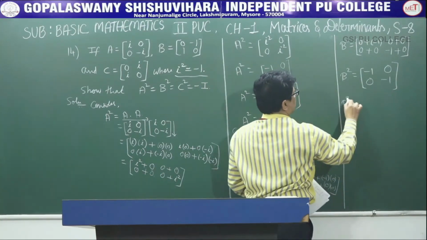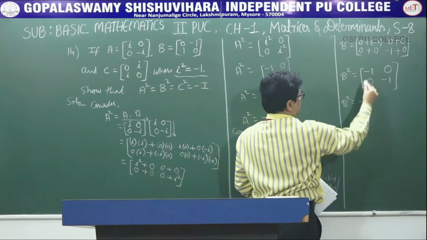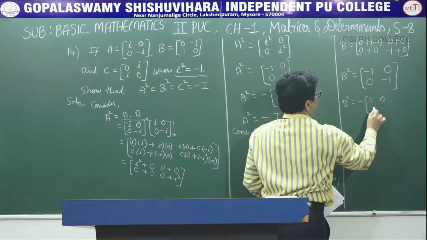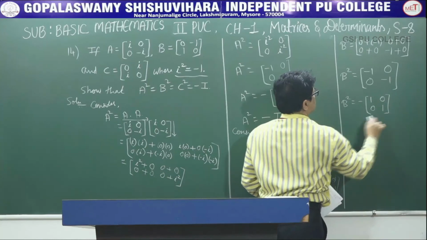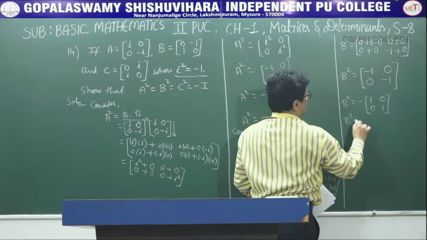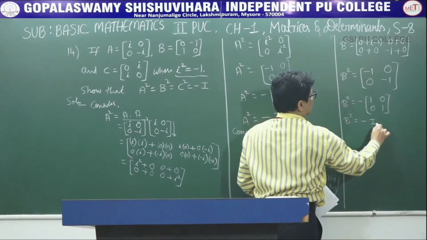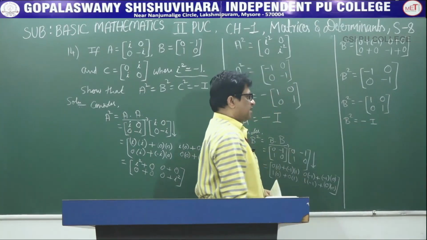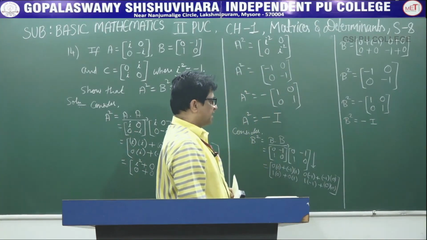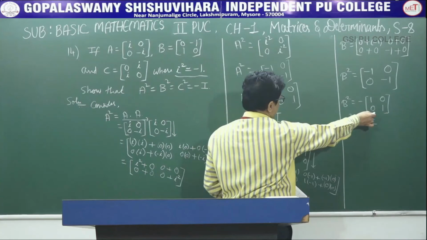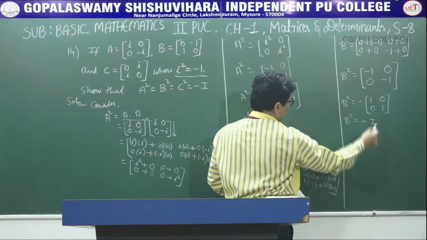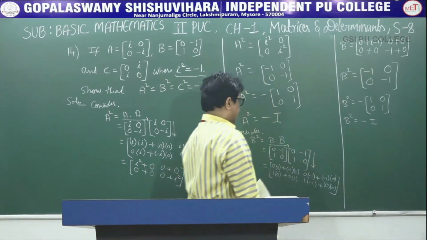We can take minus common. So, we get 1, 0, 0, 1. So, B square will be equal to minus I. That is, 1, 0, 0, 1 is the identity matrix. So, B square will be equal to minus I.